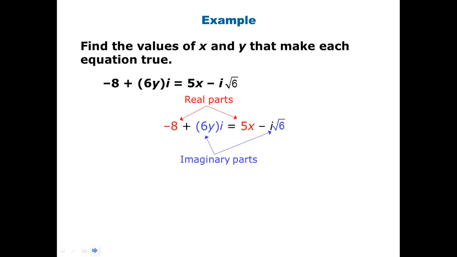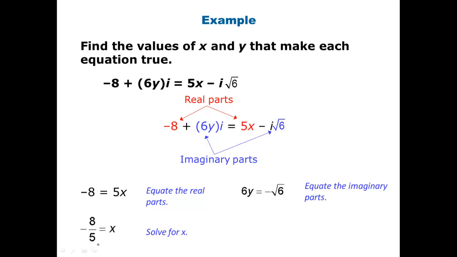So we're going to set up two equations. We evaluate the real parts and get x equals negative 8/5. Then we evaluate the imaginary parts, solving for y, and those would be our two answers.